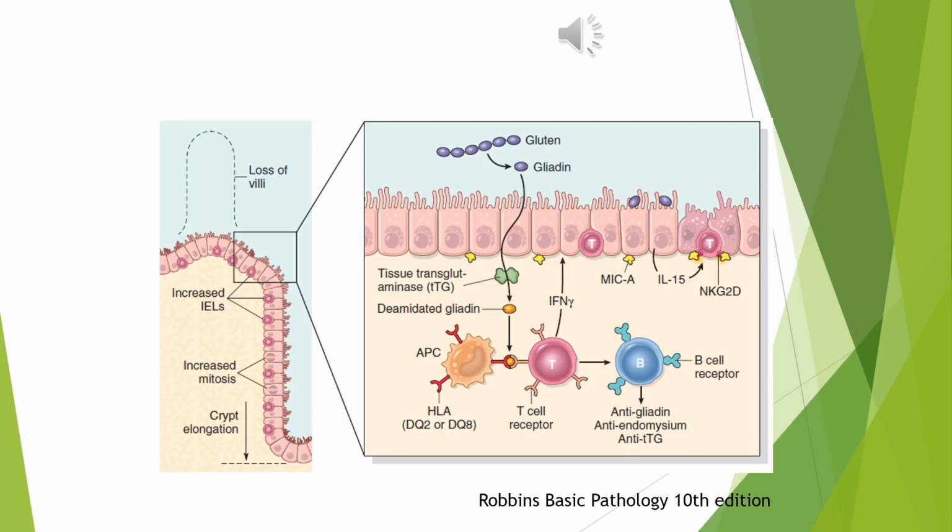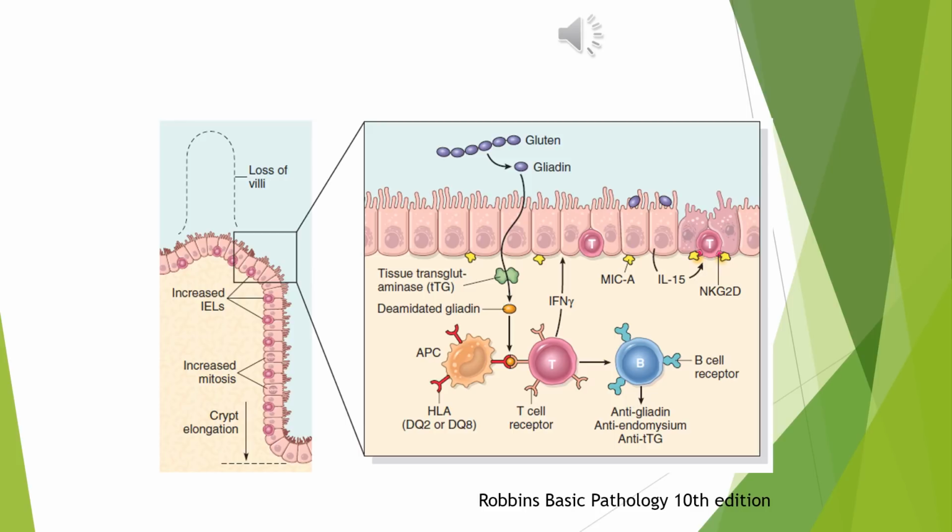So if the patient is not genetically predisposed and does not carry the HLA-DQ2 or DQ8 alleles, then the gliadin will not react with these antigen-presenting cells, and there will be no consequences to the entrance of gliadin.